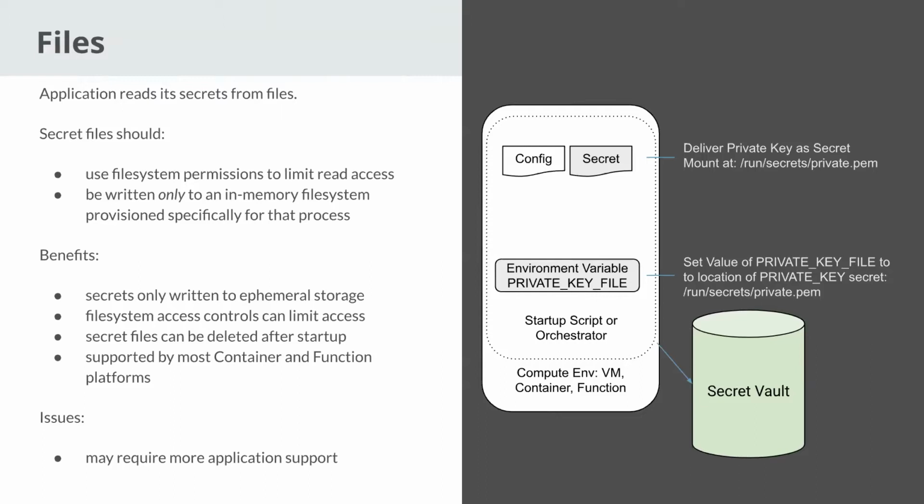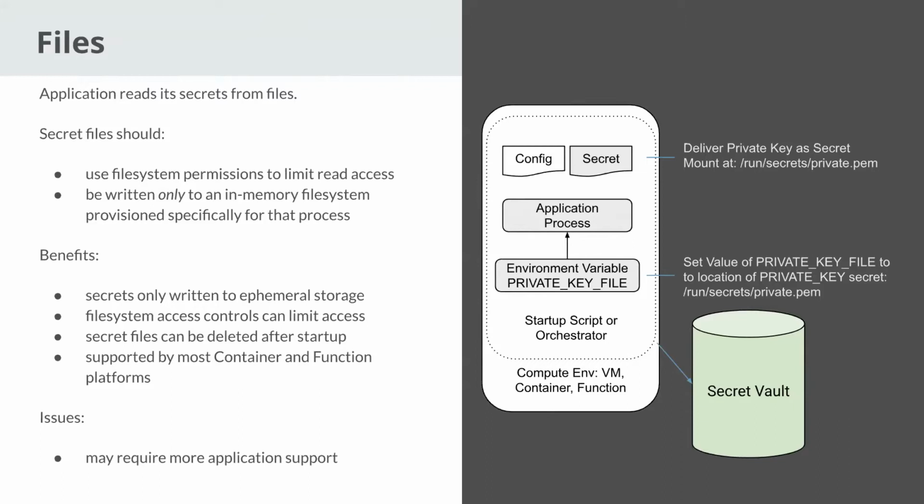So not just, don't make it world readable or whatever. And so then when the application process starts, it knows where this secret exists and where to read it from on its little in-memory file system, typically inside of a container.